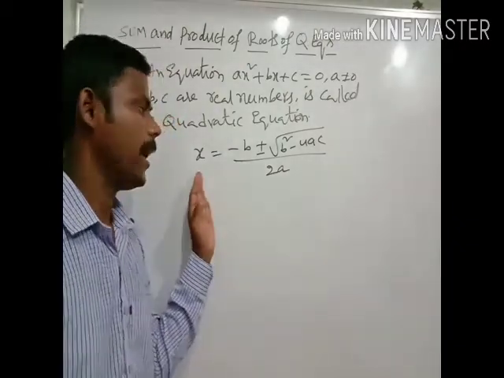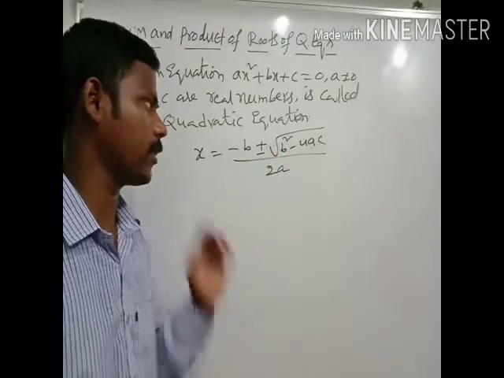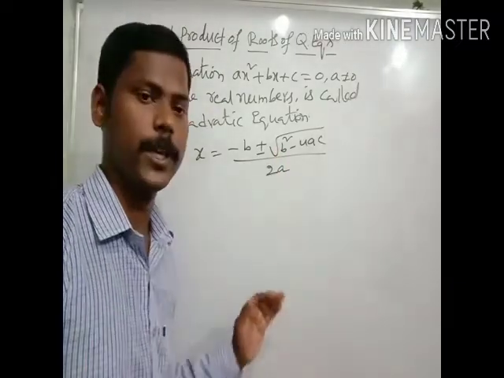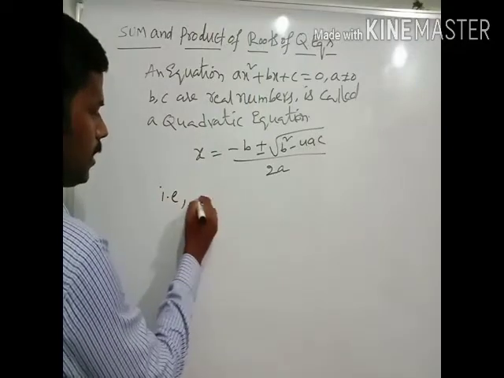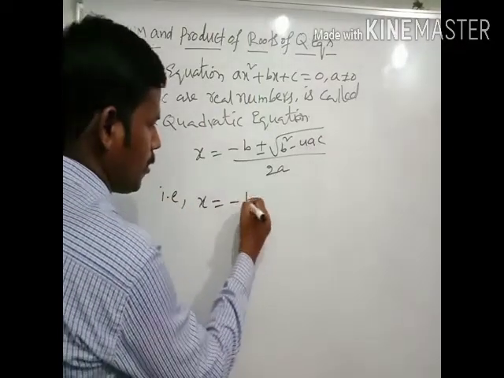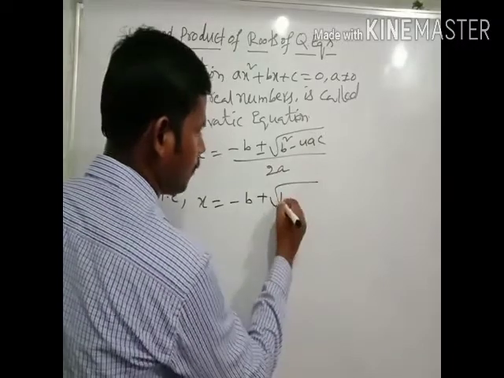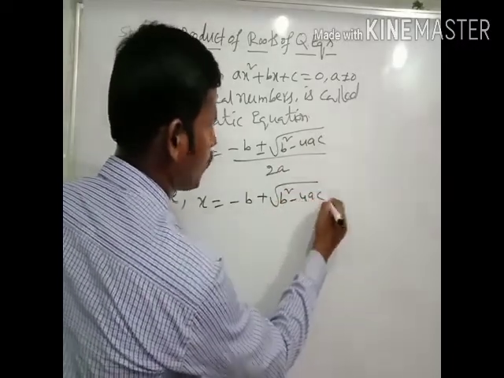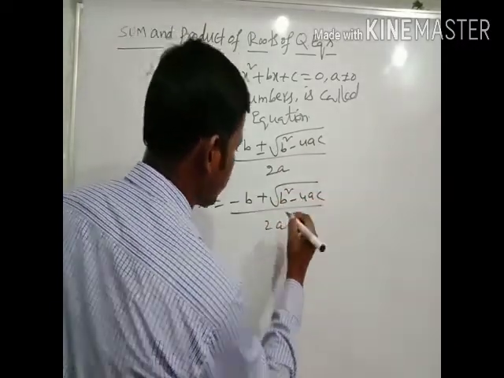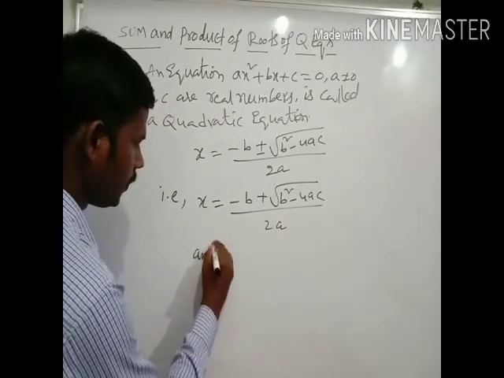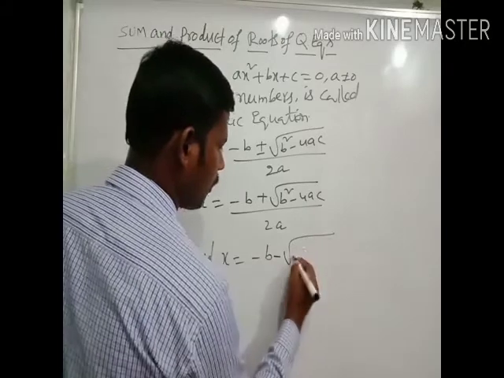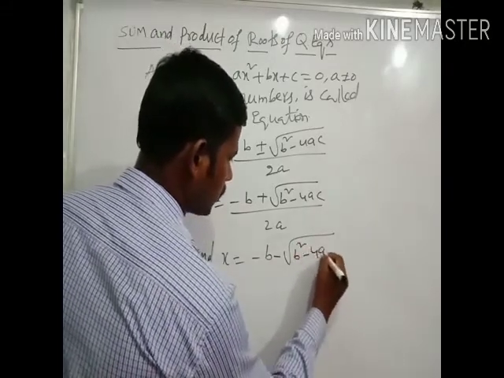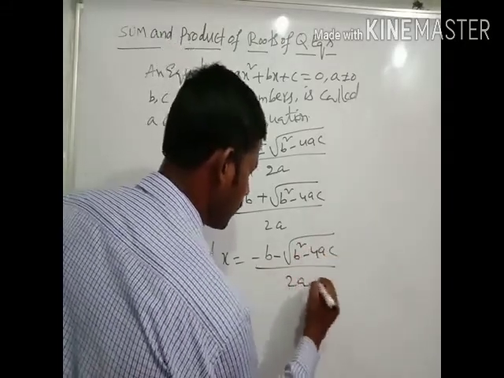That means x equal to minus b plus square root of b square minus 4ac by 2a, and x equal to minus b minus square root of b square minus 4ac by 2a.